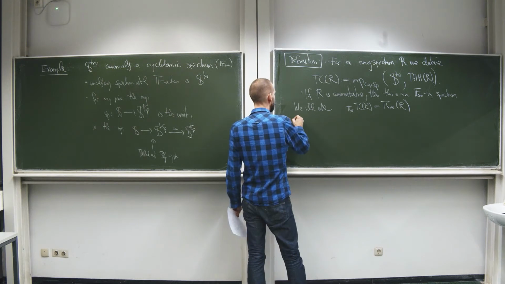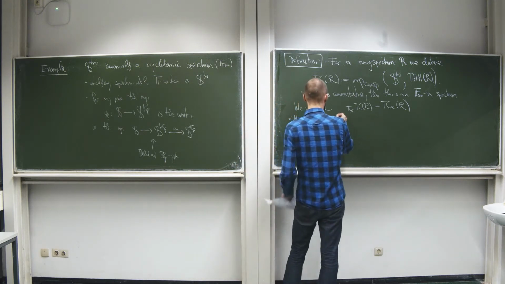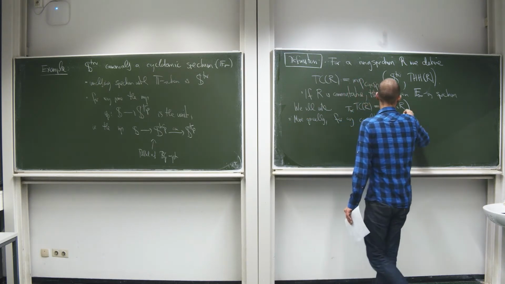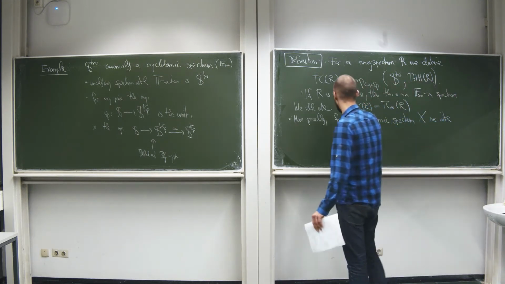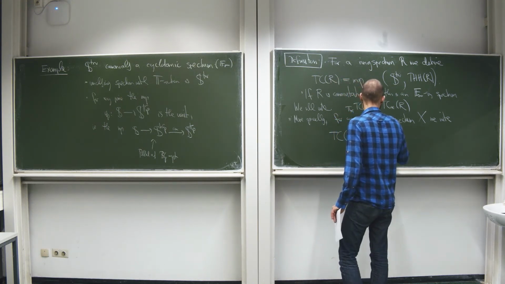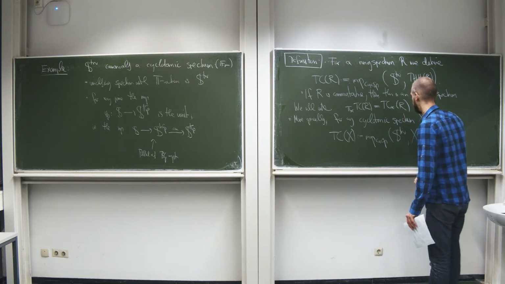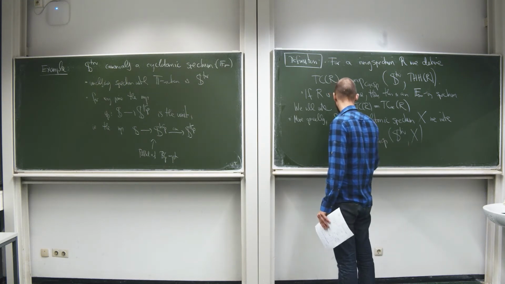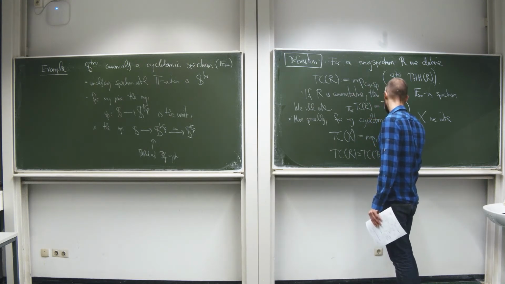And more generally, for any cyclotomic spectrum X, we write TC(X) as the mapping spectrum in cyclotomic spectra from S trivial into X. And I guess this has as a consequence that TC(R) is the same as TC(THH(R)), by definition.